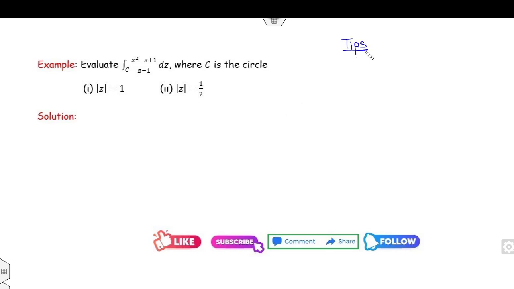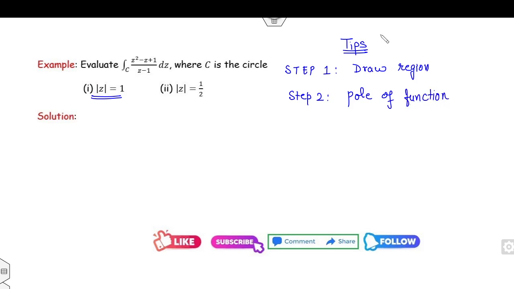Always remember, whenever you see the integration, step number 1 is to always draw the region. Like in the first case, mod of z is 1. Then in step number 2, you find the pole of the function. How can you find the pole?